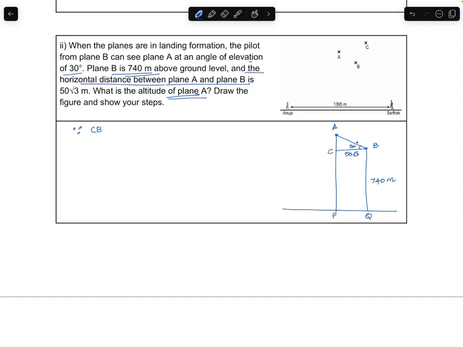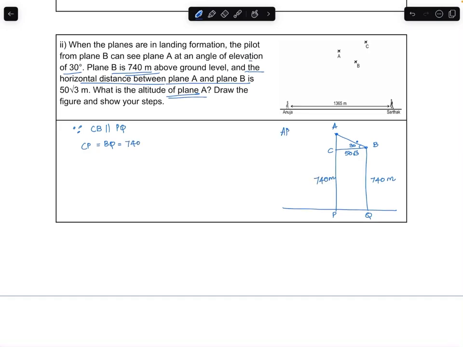Since CB is parallel to PQ, CP is equal to BQ, which is equal to 740. AP is the altitude of plane A, which is AC plus CP. We know CP, which is 740, and we have to calculate that AC. So we will work with the triangle ACB.